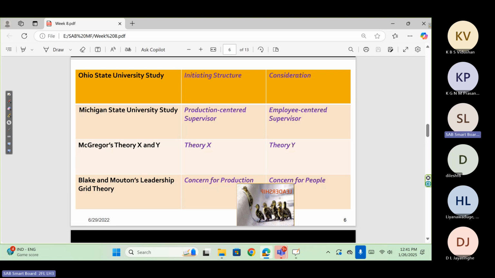Those 81 indicate 81 different leadership cells or positions. But the model identifies only the 4 corner points and the central point as 5 major managerial style positions. You will come across them once I download it.